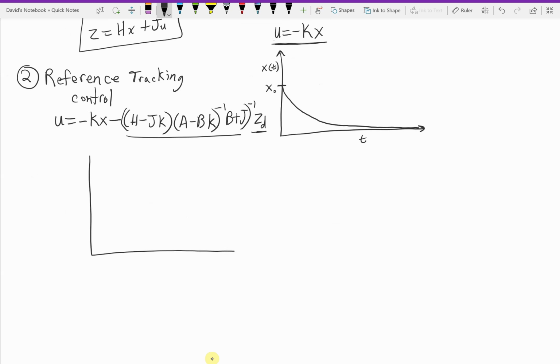And the result of this, in terms of our output, would be to go from some sort of initial output up and converging upon the desired solution.